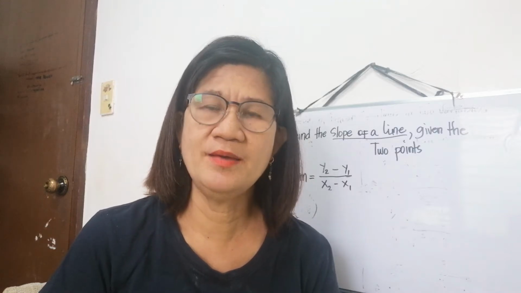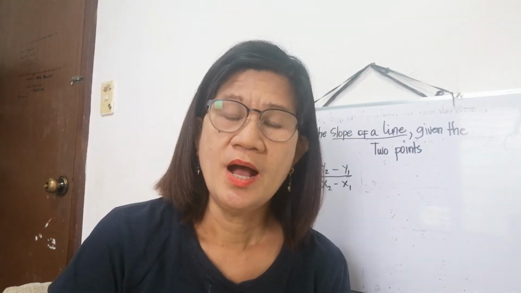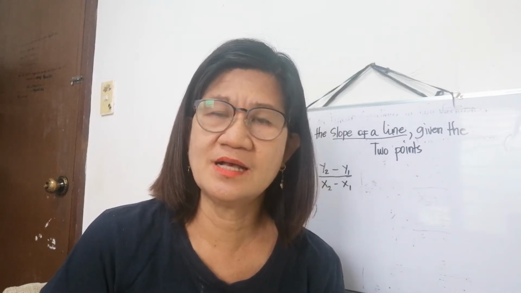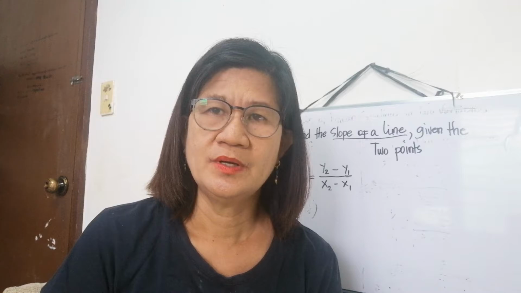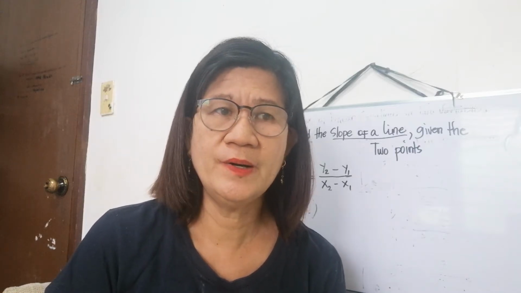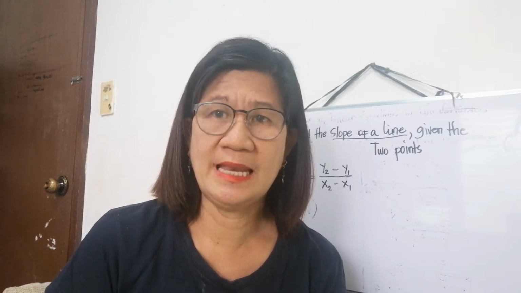Today, I'm going to discuss how to find the slope of a line. If you remember, last time we discussed how to find the slope of a line given the equation. And there are four slopes of a line.